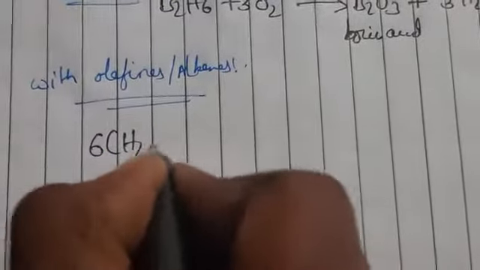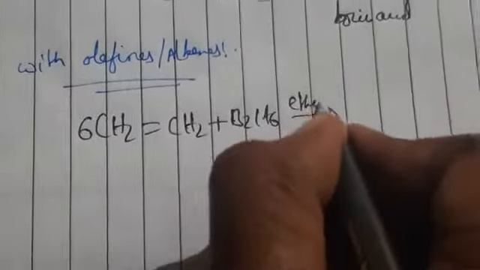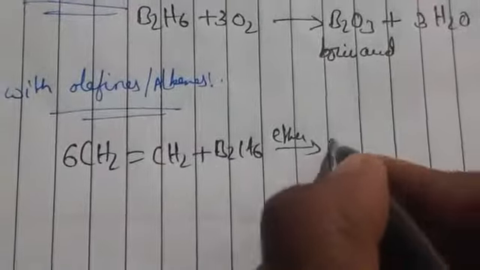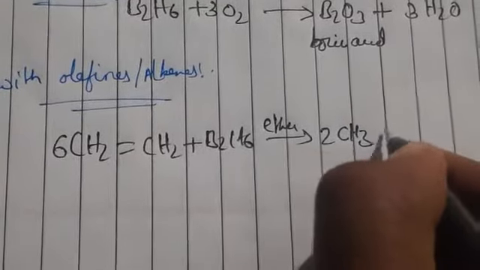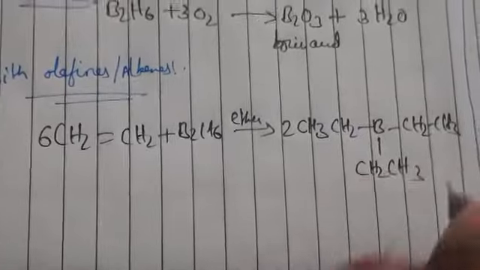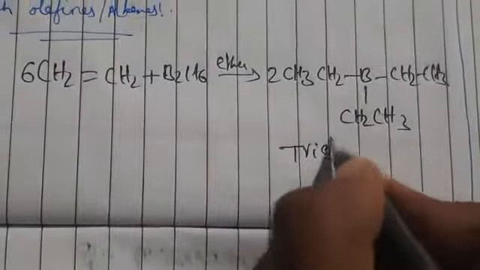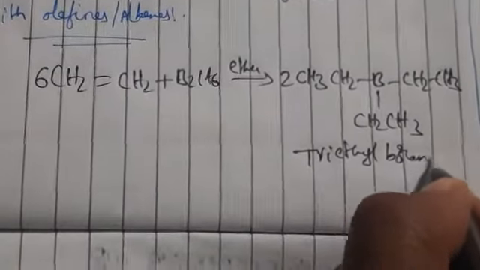If you take 6CH2=CH2 plus B2H6 in the presence of ether, it will form triethyl borane, 2 CH3CH2 B CH2CH3 with CH2CH3. So with alkenes it forms trialkyl borane.